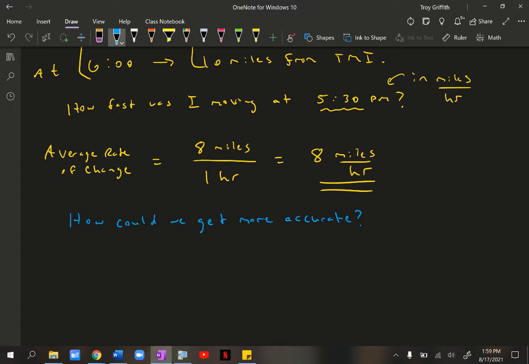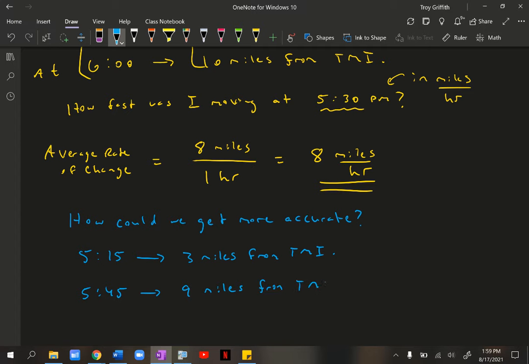So what if I told you that at 5:15, I was 3 miles from TMI, and at 5:45, I was 9 miles from TMI.